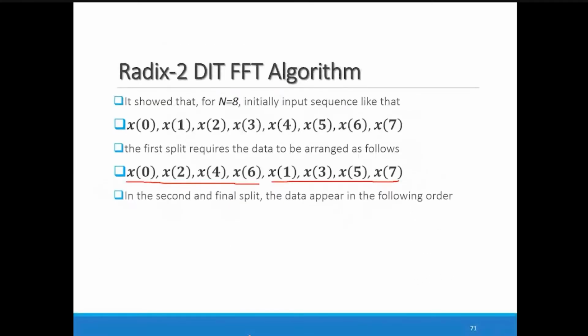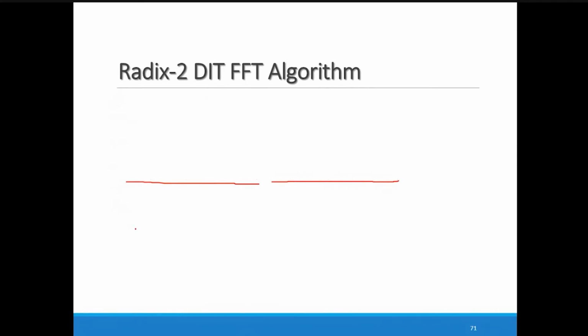Now in the second and final split, the data appears in the following order. After the final split, you are getting the data like this: x0, x4, x2, x6, x1, x5, x3 and x7. This is your final split. Let me show you in the diagram.